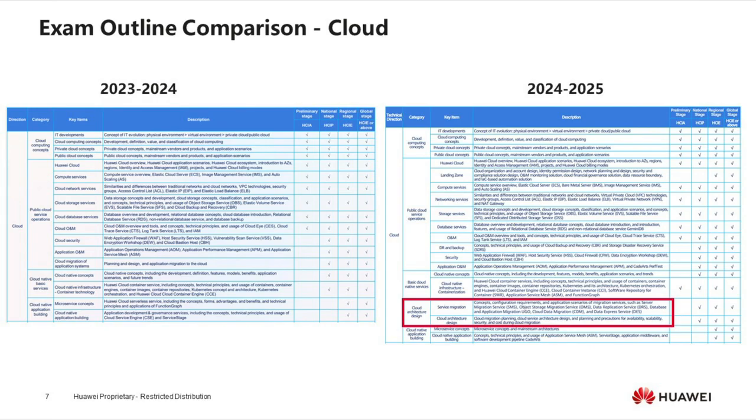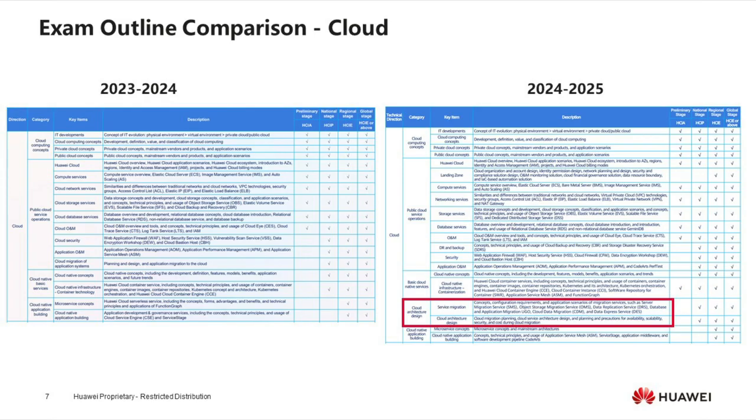The left side is the outline for the cloud direction of last year, and the right side is the cloud direction for this year. Now, when we are doing a comparison, the biggest change between these two years lies in the cloud architecture design.